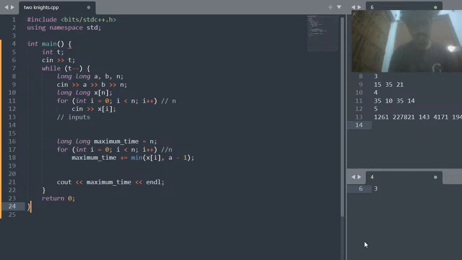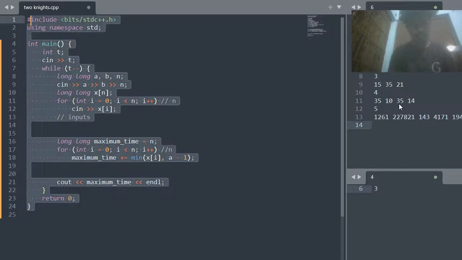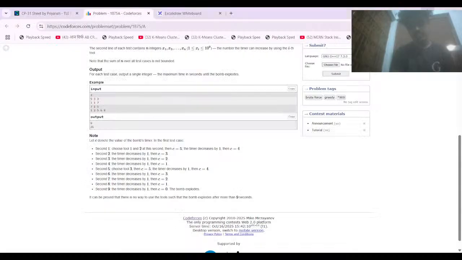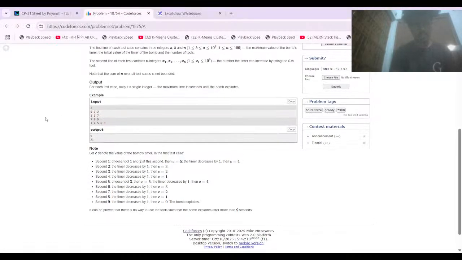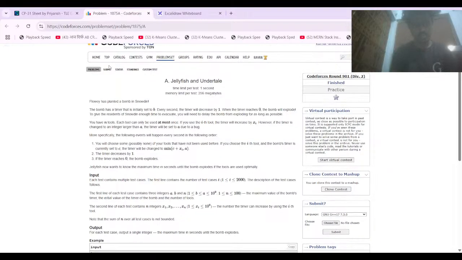Right. Now copy this, hold on guys. Now run this code, submit this code, right.